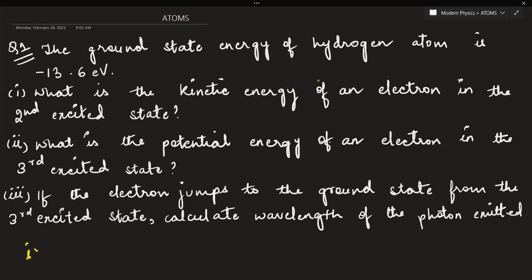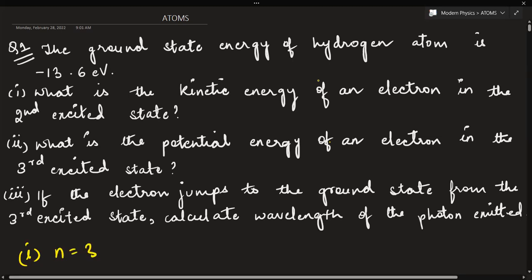So for the first part, you will have N is equal to 3 because this is second excited state. So ground state N is equal to 1, first excited state N is equal to 2, then second excited state N is equal to 3. Now clear to the rest of you.